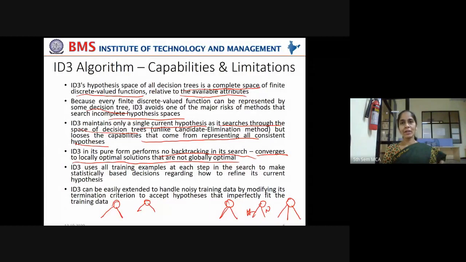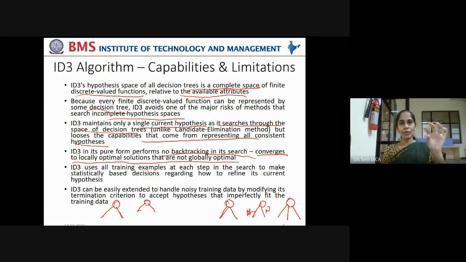Again it proceeds further, checks information gain with the remaining set of attributes. Whichever attribute has higher information gain, it selects that attribute. What will happen in this case? It is checking locally at that particular attribute. It is not checking at the level of the entire decision tree.